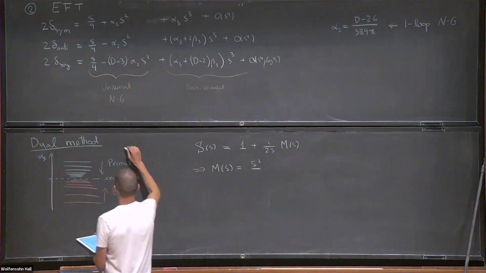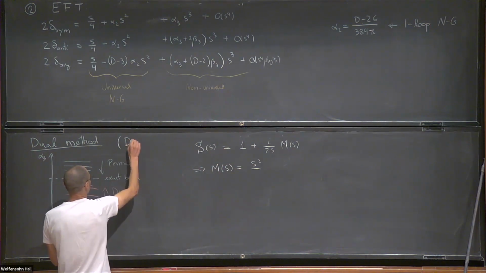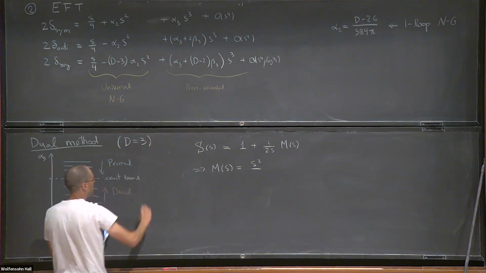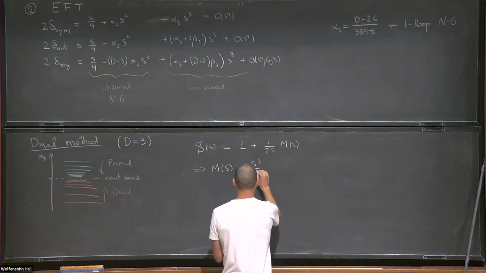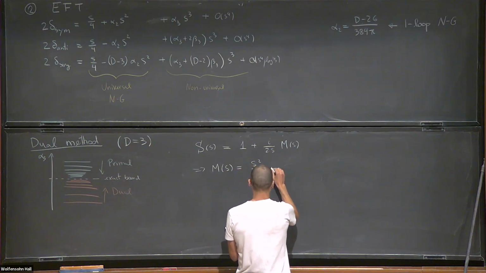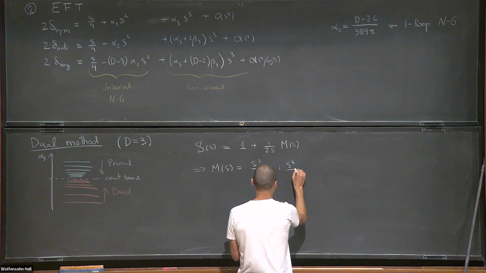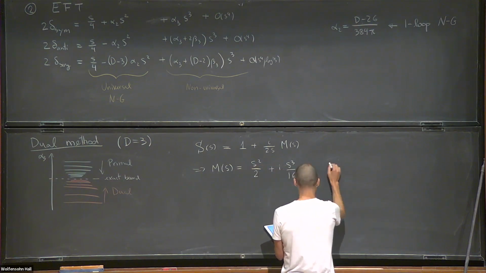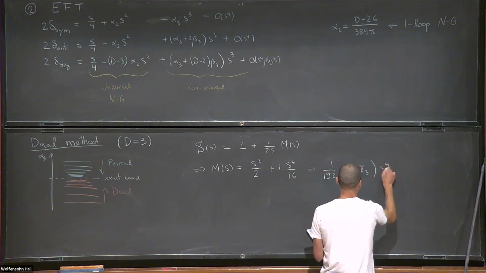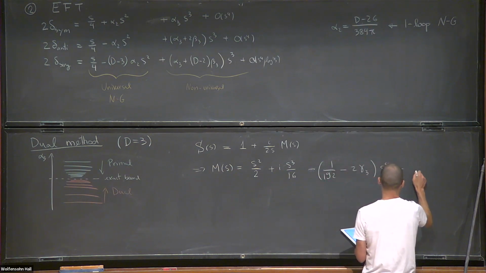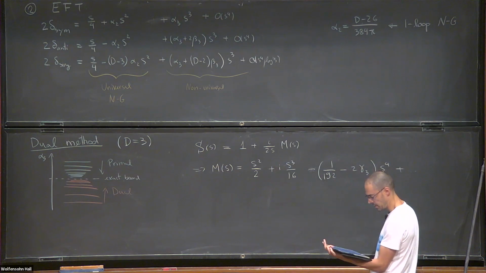Let me go back. Sorry, for simplicity, let me go back to z = 3. Otherwise, it's a bit too many things to write. Just to illustrate. So let me just write this expansion. Okay, so from effective field theory, you get this expansion.